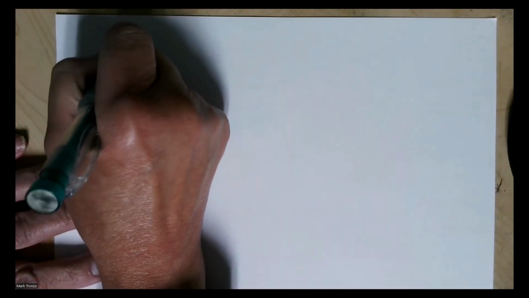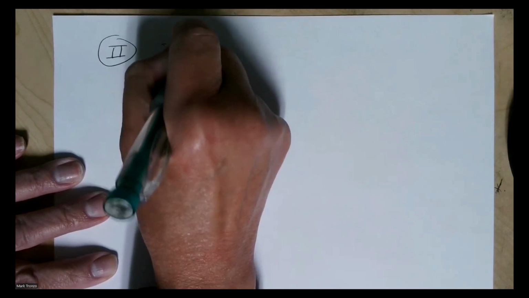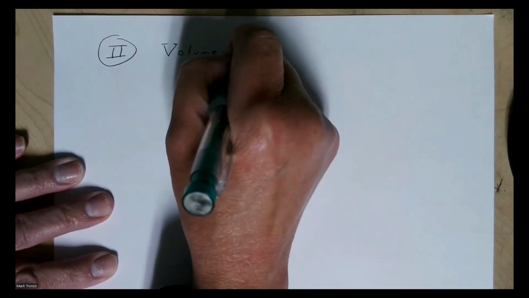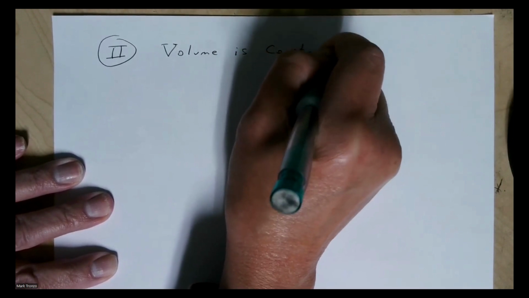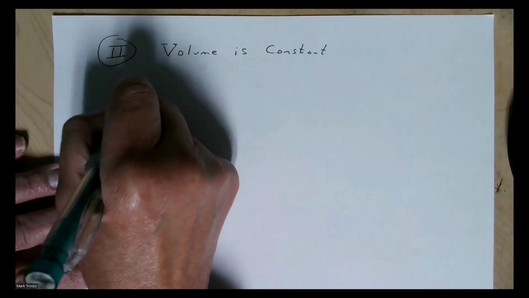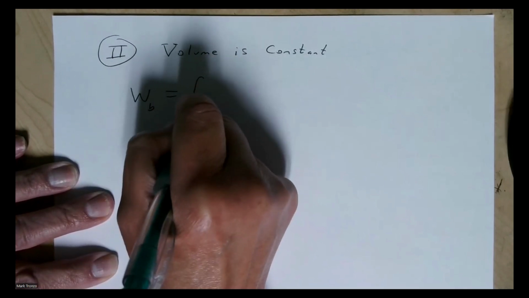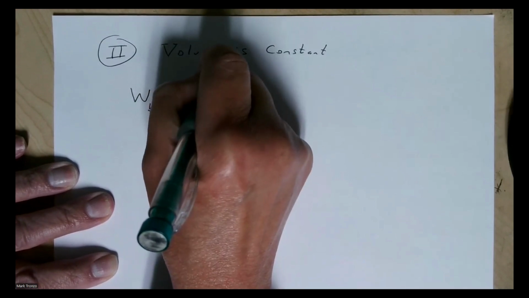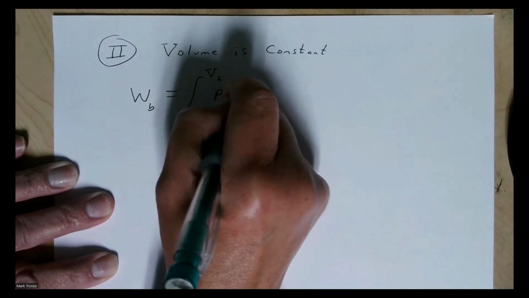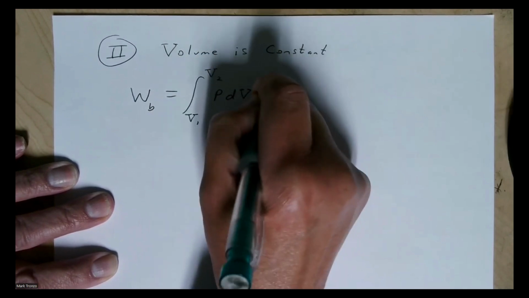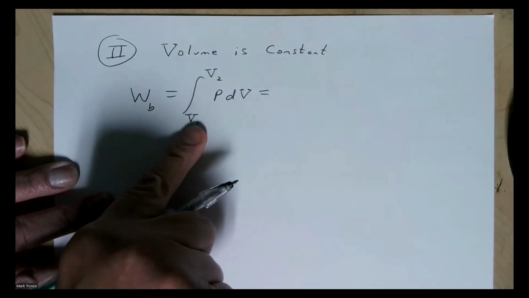And case 2 would be if the volume is constant. But now when you think of this, if you have the volume constant and you're integrating from V1 to V2 PdV, and you integrate this, but let's say these volumes are both the same.